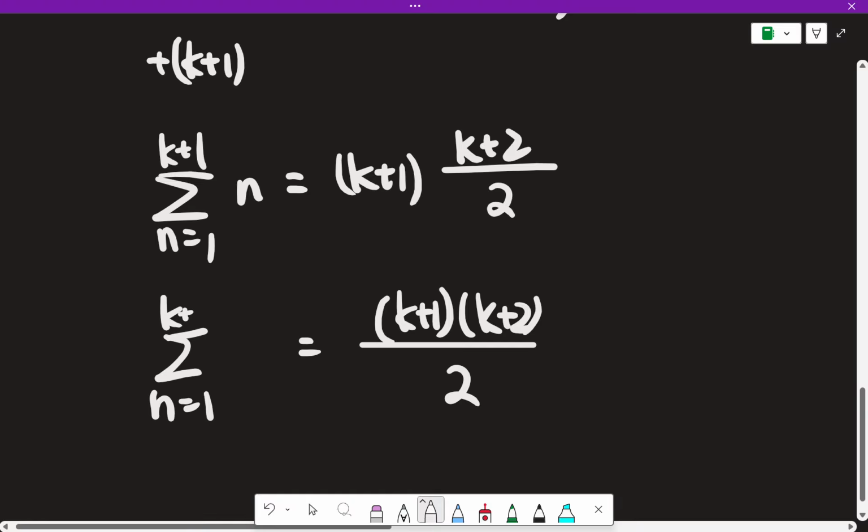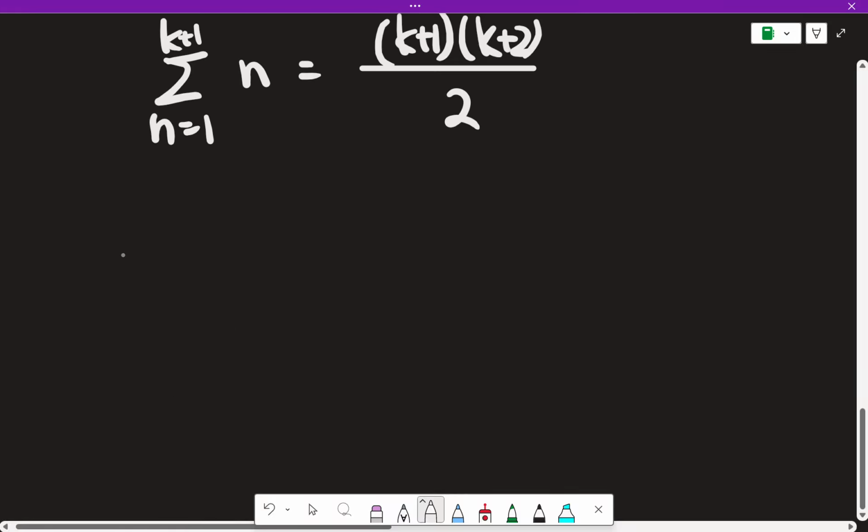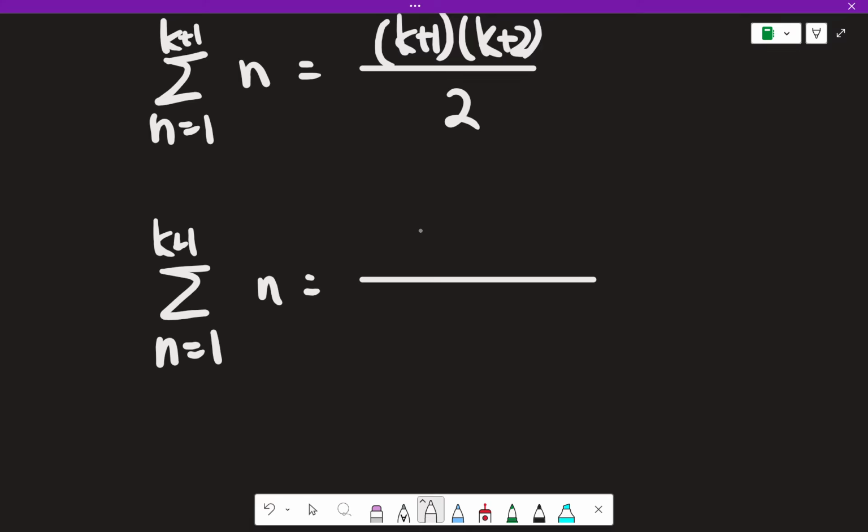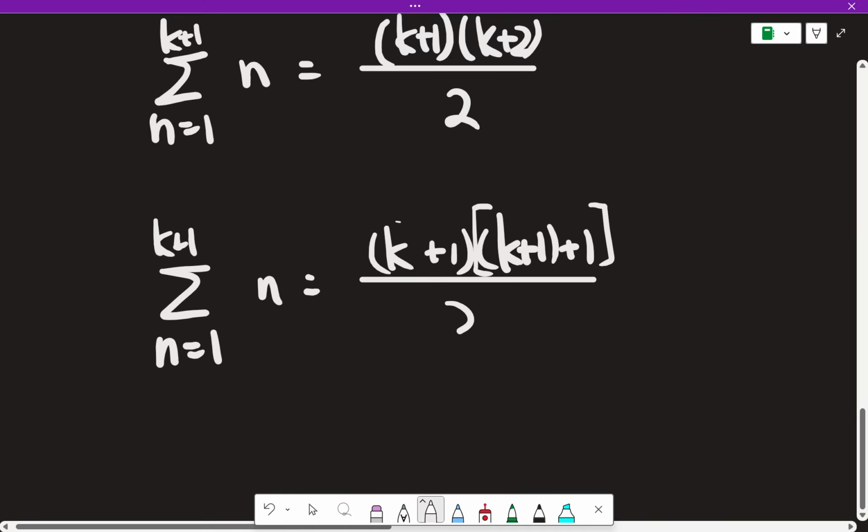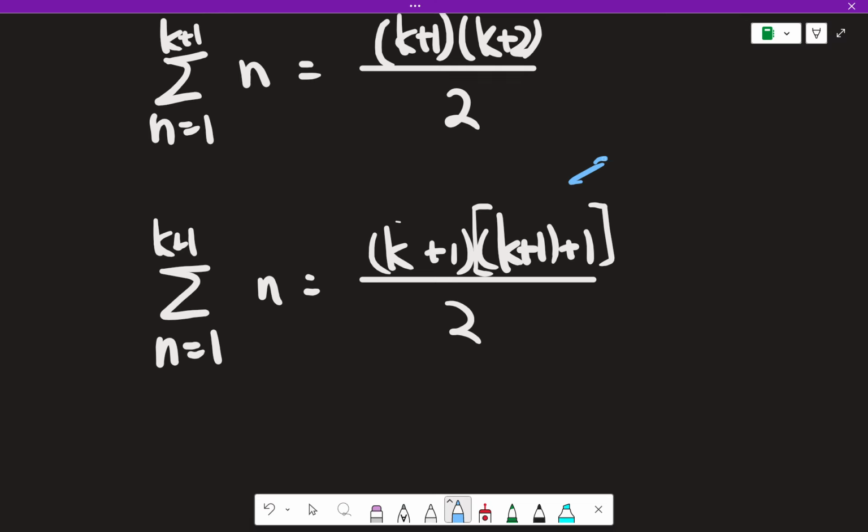Just to make it abundantly clear, we will rewrite the left-hand side a little bit, as k plus 1 times the square bracket of k plus 1 plus 1, to make it abundantly clear that this actually resembles the k times k plus 1 over 2 form.